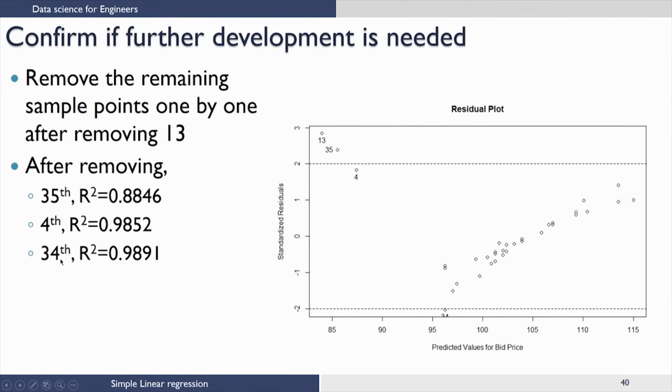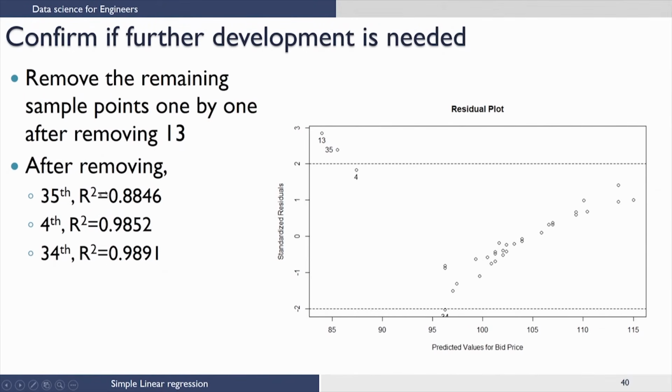After I remove the 34th point, my R square slightly increases, that is, from the third decimal place, from 0.9852 to 0.9891. So, the difference is not huge. We need not treat this point as an outlier by itself because it does not improve the model any further.